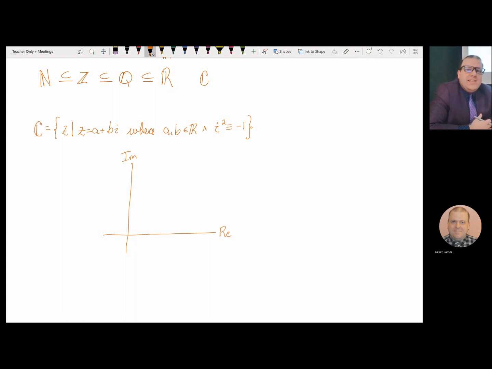The horizontal axis is the real axis. The vertical is the imaginary axis. Right? So a is the real component of z. b is the imaginary component. Well, then what you can do is just plot it on this coordinate system, as a vector.